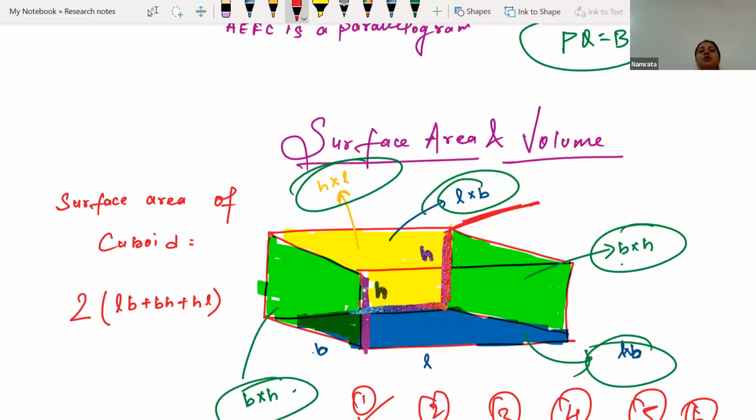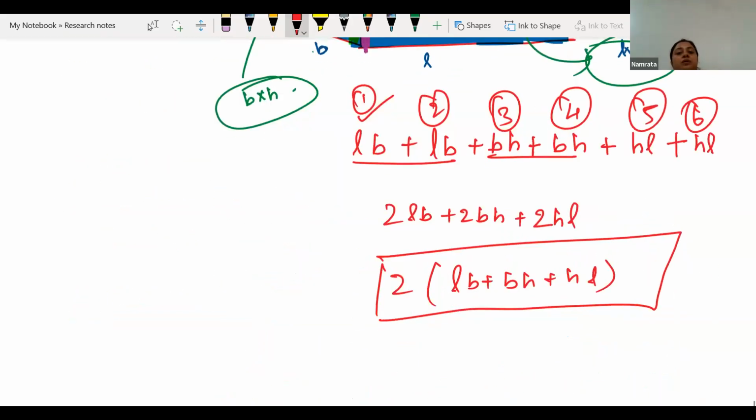So from this formula we have to exclude, we have to subtract length into breadth if the top part is not covered. Getting? Yes, ma'am.